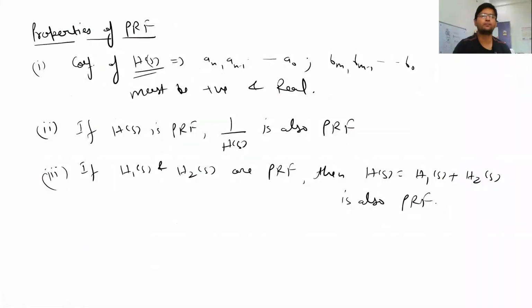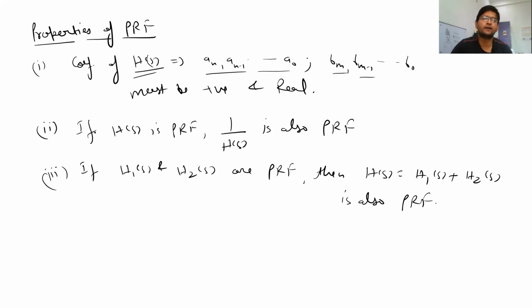So for any function H(s) to be positive real, all these coefficients a(n-1) to a0, and b(m-1) to b0, must be positive and real. So they cannot be imaginary, or they cannot be negative if they are real.